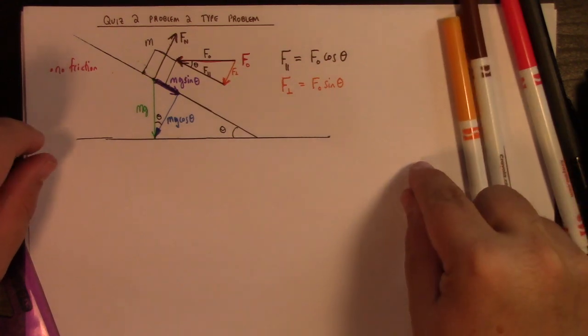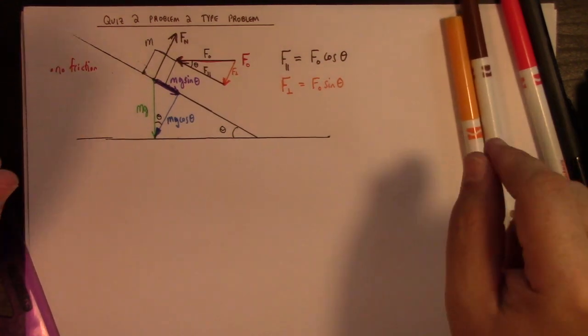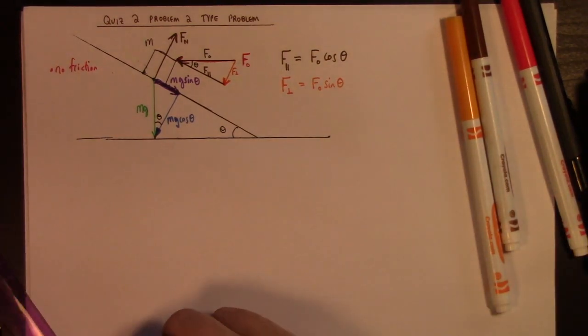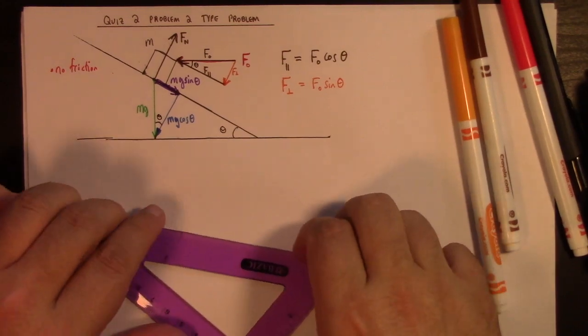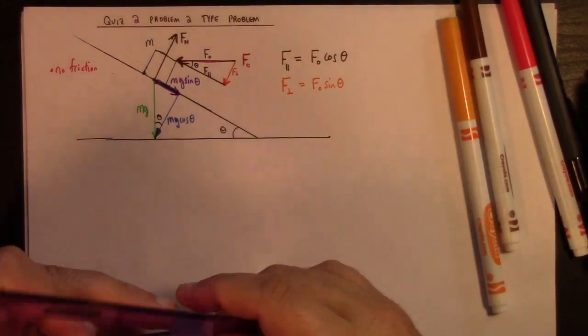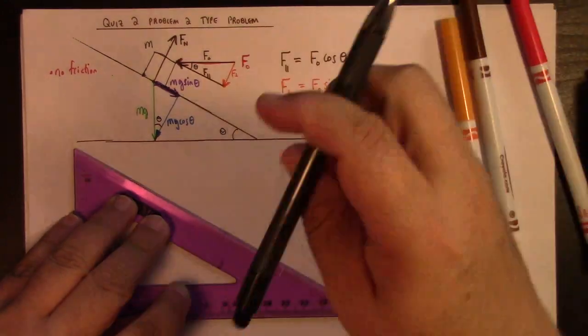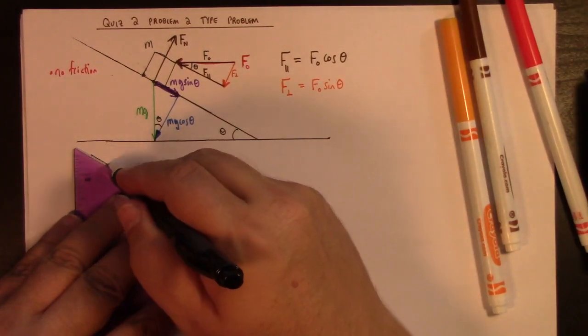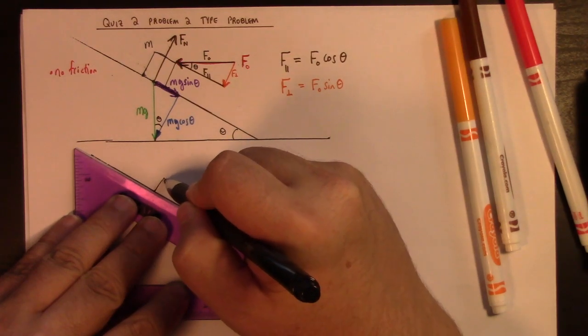And let's see here. All right, so at this point, I'm going to just make another picture just to organize my thinking, if you don't mind. All right, so here's my plane. Right, here's my box.